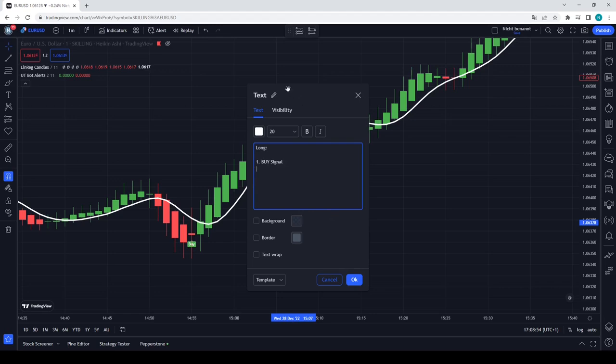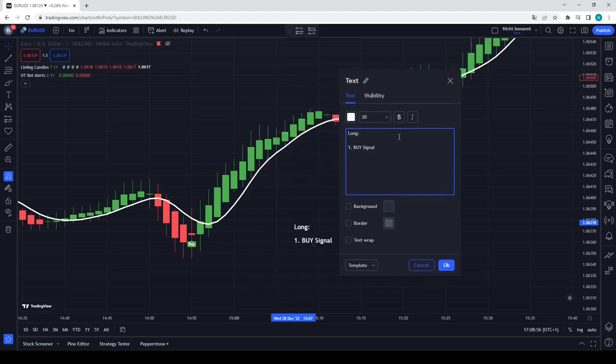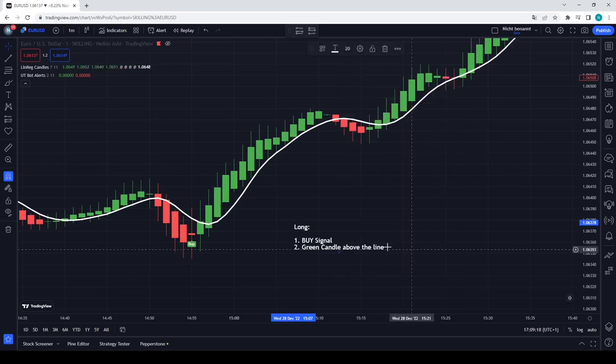The second thing we want is a green candle closing above this line. Not just at the line, we want it above the line. So these are the two conditions that we have to get.